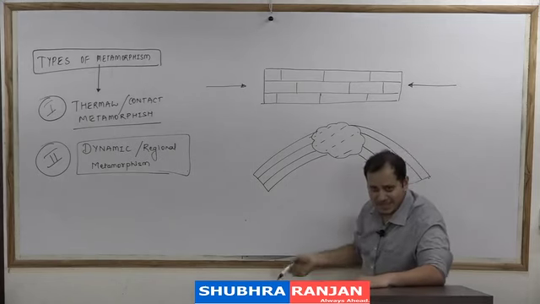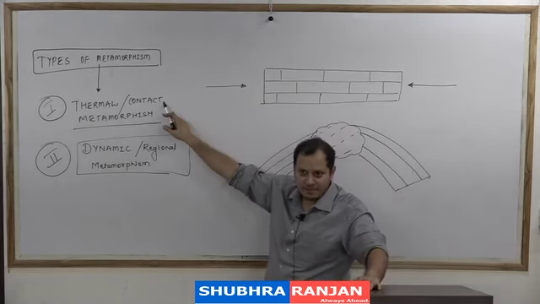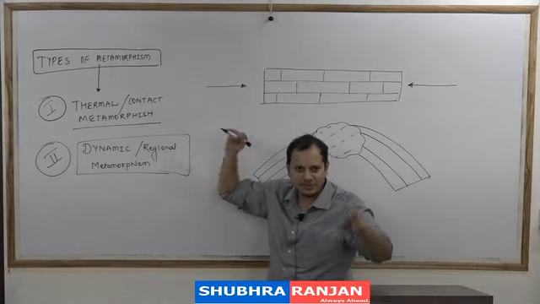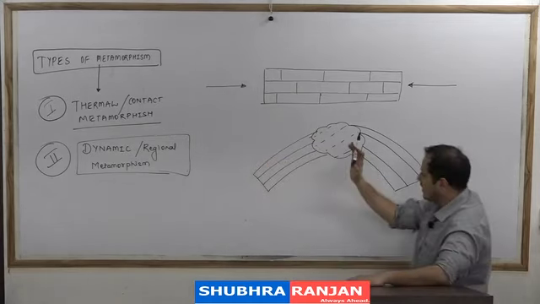Why it is known as regional? Because it is exactly opposite to contact. As soon as it comes into contact is occurring somewhere else, the effects are seen somewhere else.